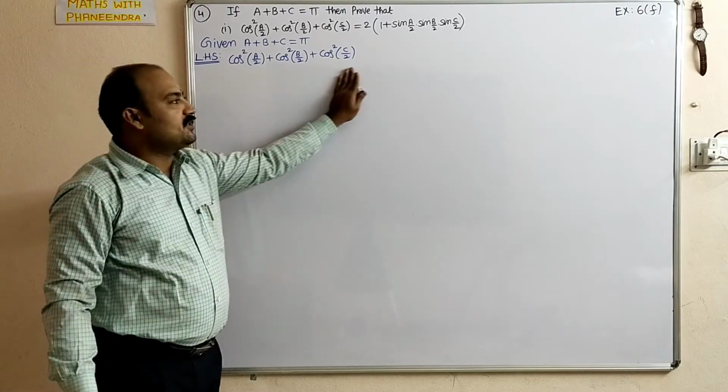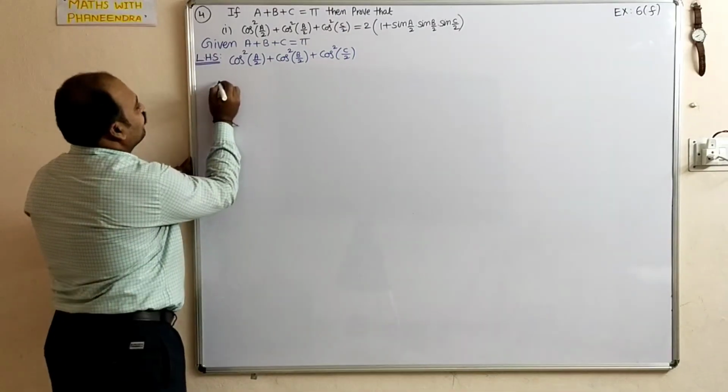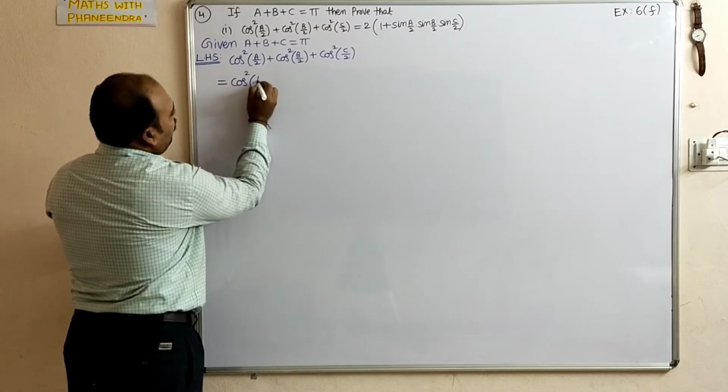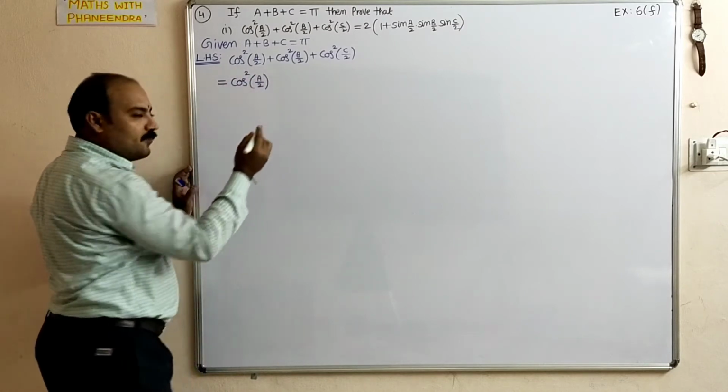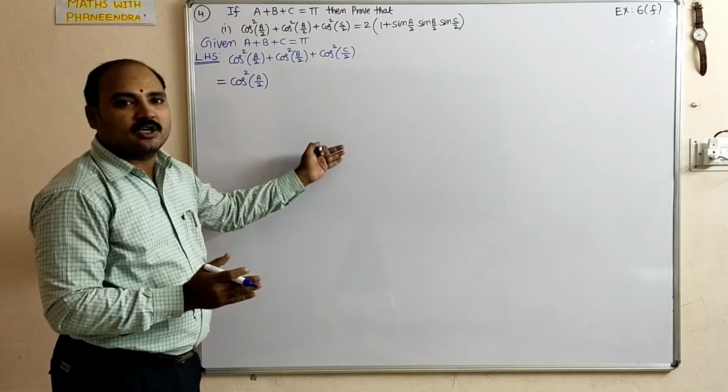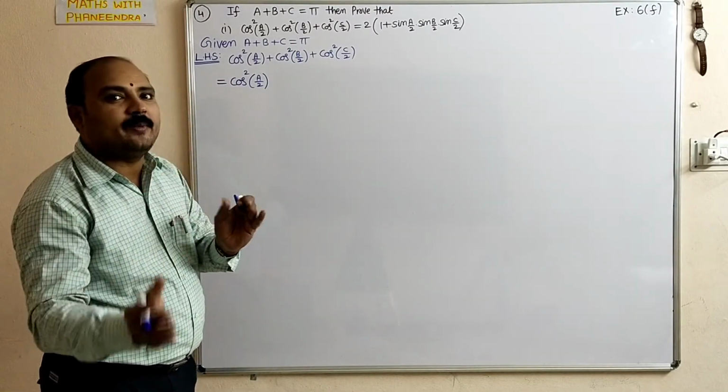After completing this step, I want to keep cos square A by 2 in formula format. We know that in the previous question also we applied the cos square A minus sin square B formula.